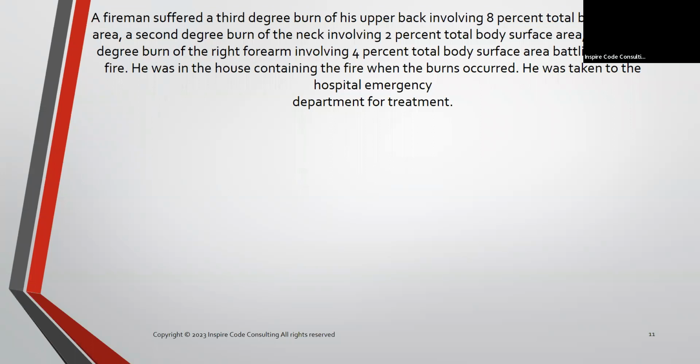So with that being said, this 8% of the upper back will be the primary code because the right forearm is only 4%. And then last but not least, our second degree burn will be the neck, which is 2%. And then we tell the story of how it happened. So let's check it out.